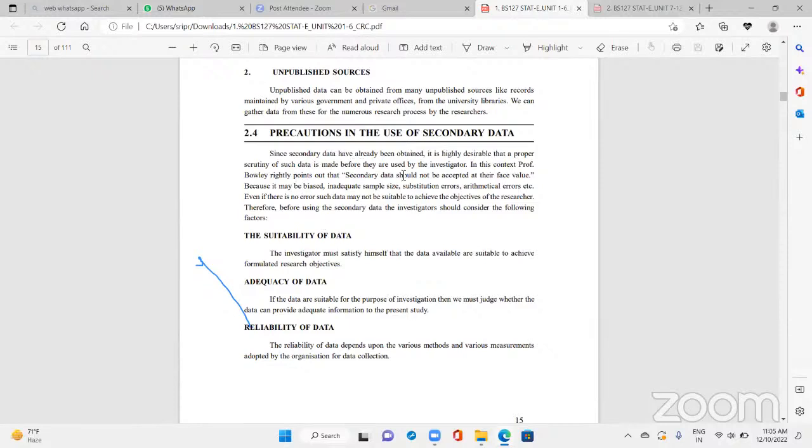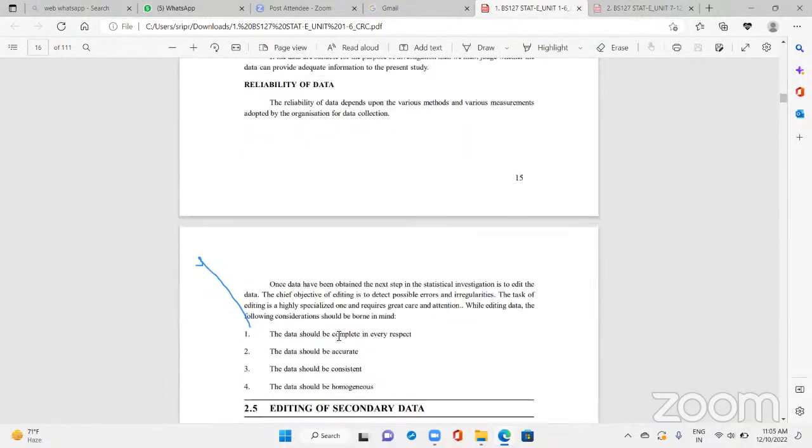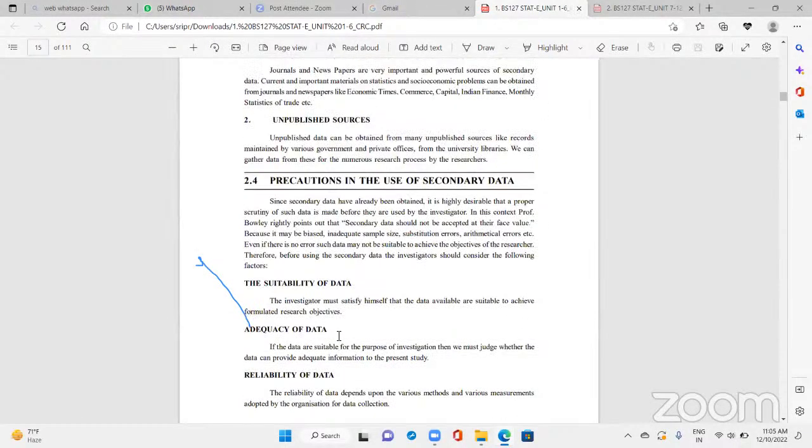Precautions in the use of secondary data: suitability of data, adequacy of data, reliability of data. These are the three precautions in the use of secondary data. Suitability of data: the investigator must satisfy himself that the data available are suitable to achieve the formulated research objectives.